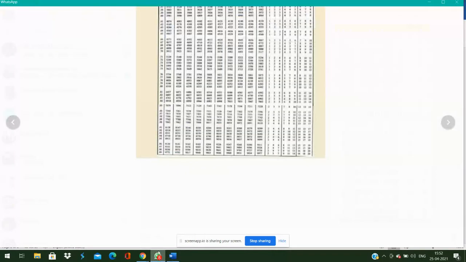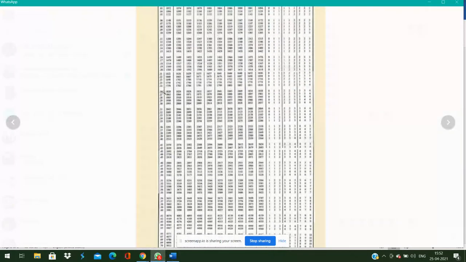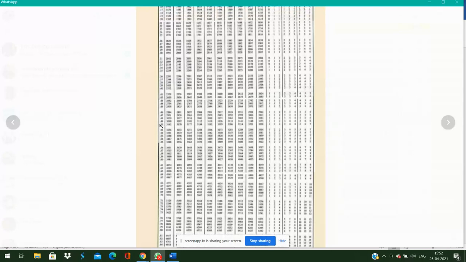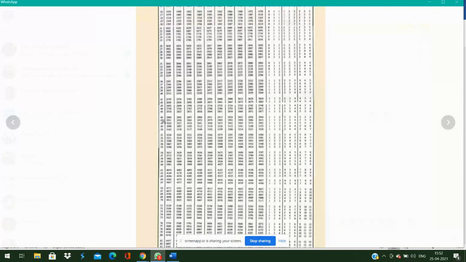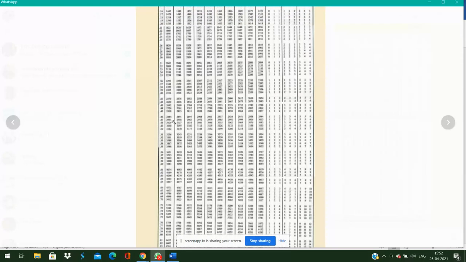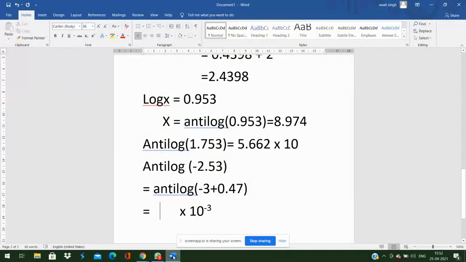So simply we will observe its value. 0.47 is here. The third digit is not given, that means it is 0. So it will be 2.951. Its answer we are getting 2.951. So this is the simplest way to use the log and antilog table.